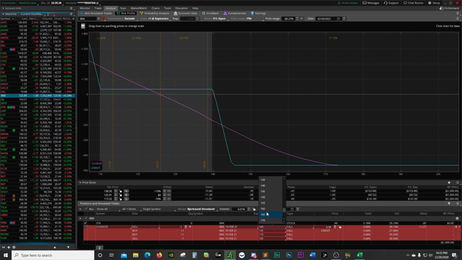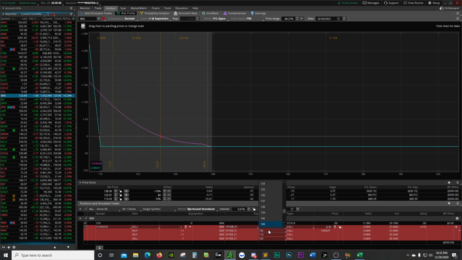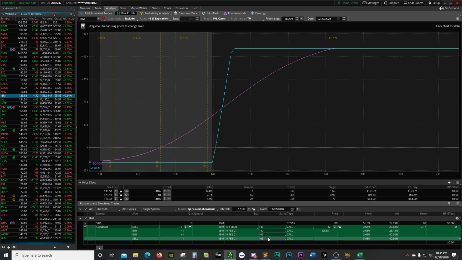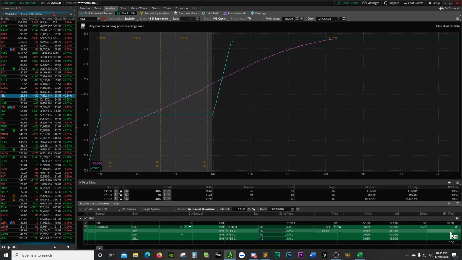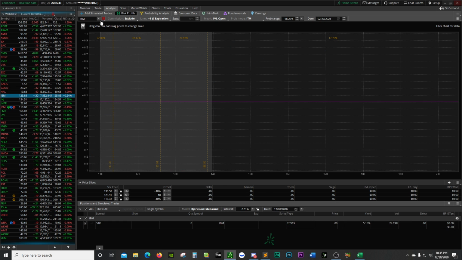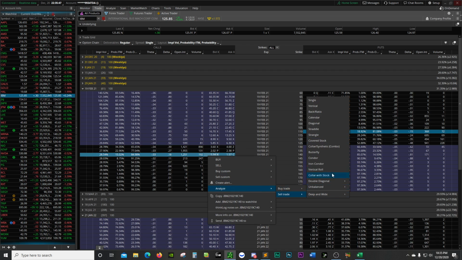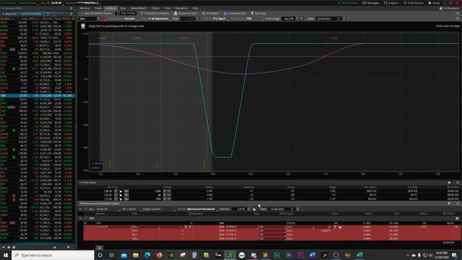So we've got to get this on the right side first. Hold on. Got something wrong here. It's been a while since I've done iron condors. Hold on, fix this. You're looking to sell the 140, sell the 110, and buy it back.